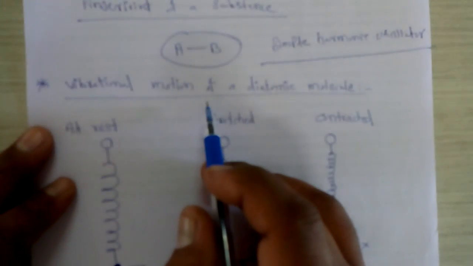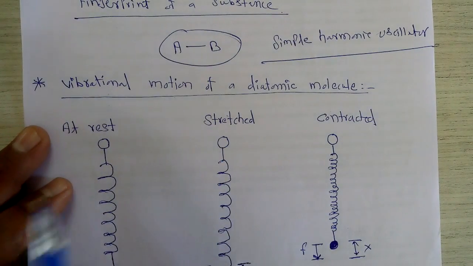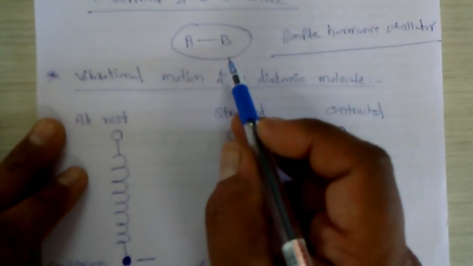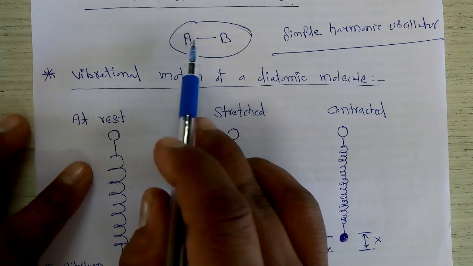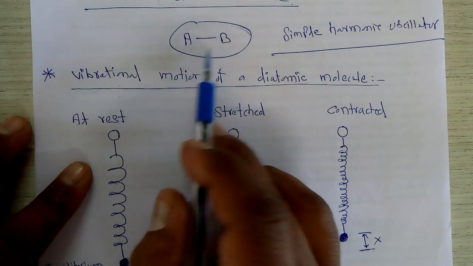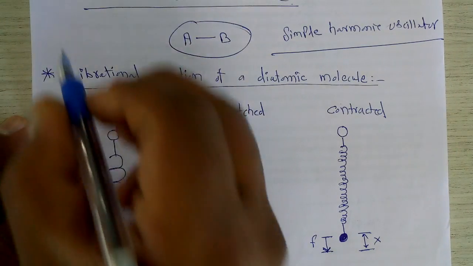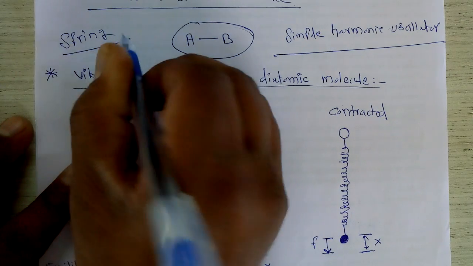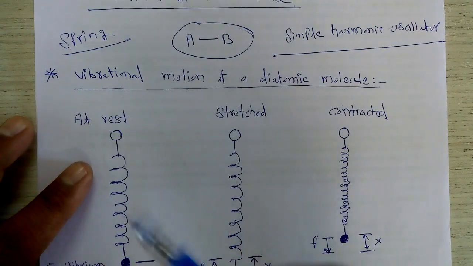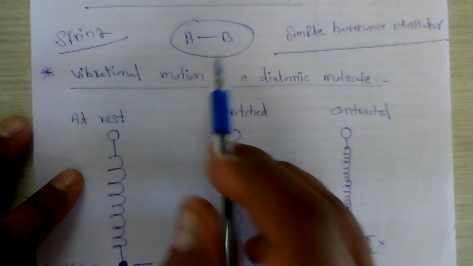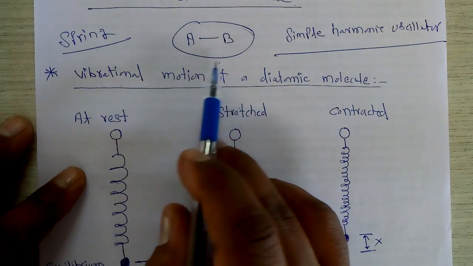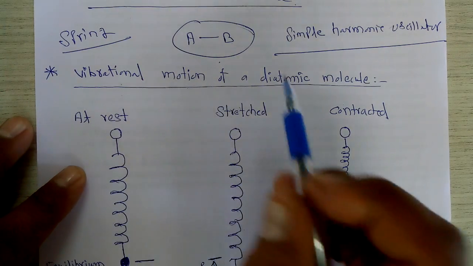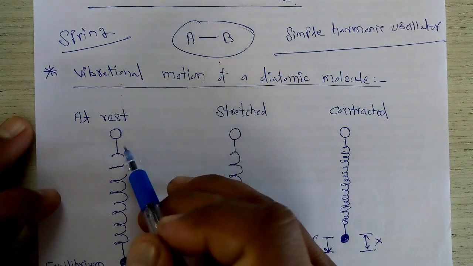Whenever we consider this type of diatomic molecule, the bond present between the two atoms behaves as a spring. That bond is not stationary; it behaves as a spring. So when we consider the bond as a spring, it oscillates from its equilibrium position.